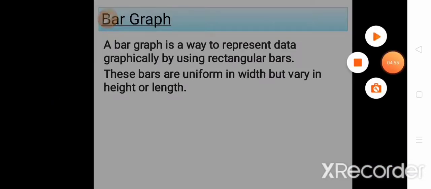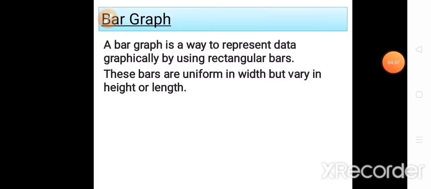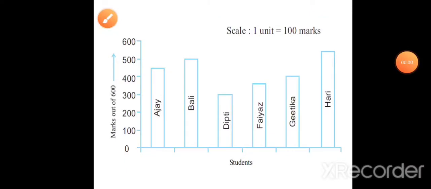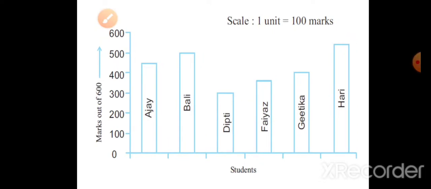Next, I'm going to show you how a proper bar graph looks. This is an image of a bar graph, a proper bar graph, the accurate one. Okay, let me expand this. Alright, so this bar graph represents the total marks obtained by 6 students out of 600.